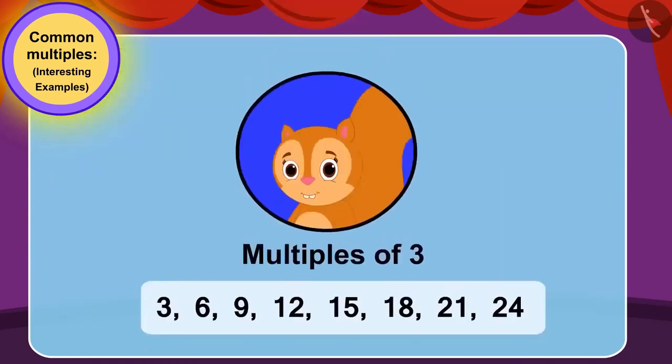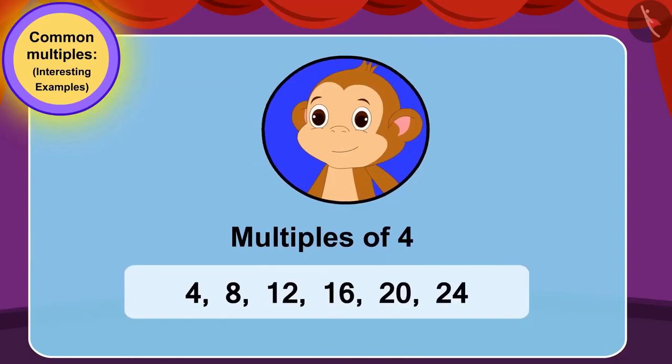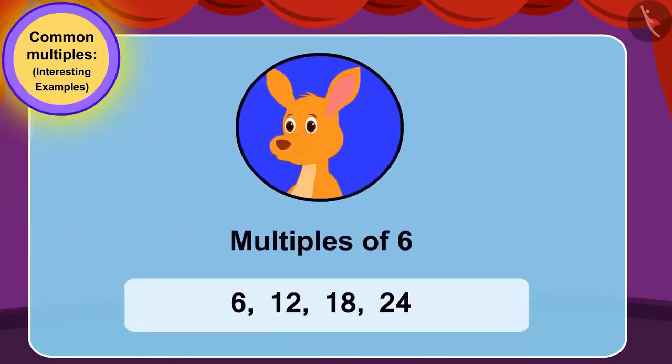Chanda will jump on 3, 6, 9, 12, 15, 18, 21 and 24 stones. Babban will jump on 4, 8, 12, 16, 20 and 24 of these stones. And Kittu on 6, 12, 18 and 24 of these stones.